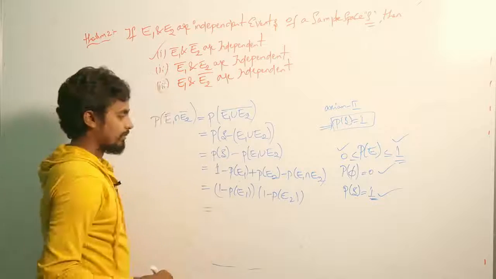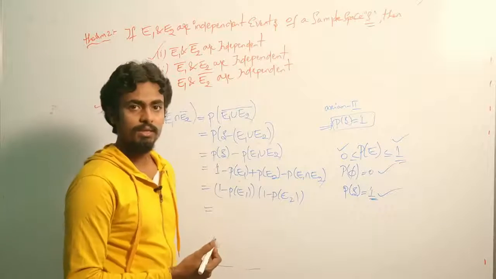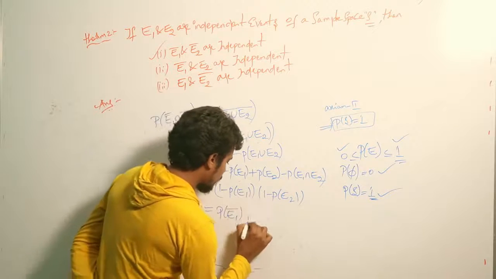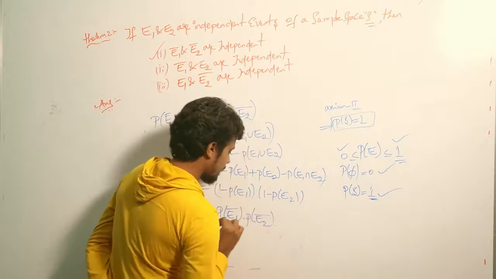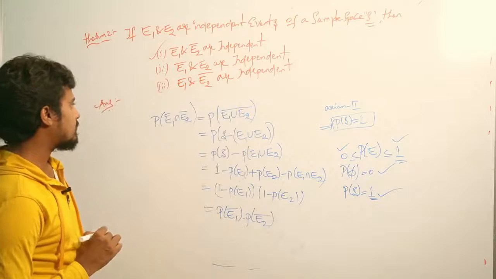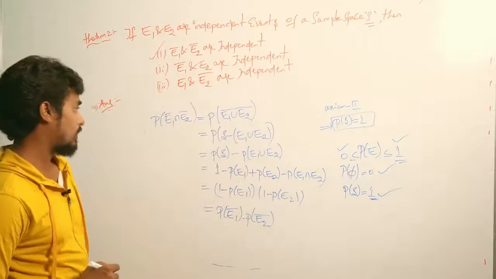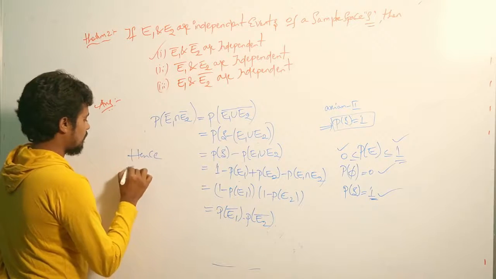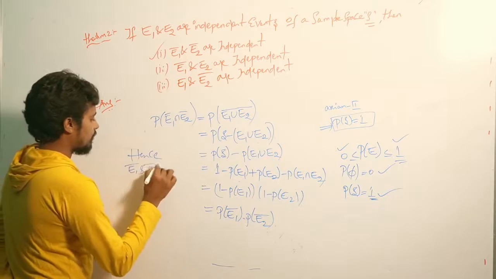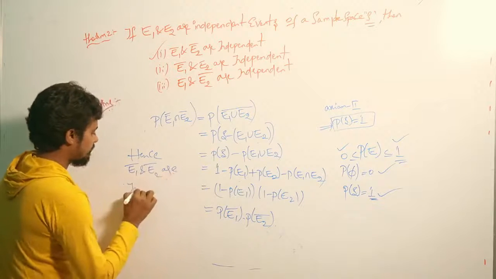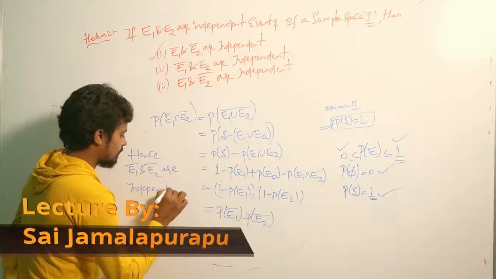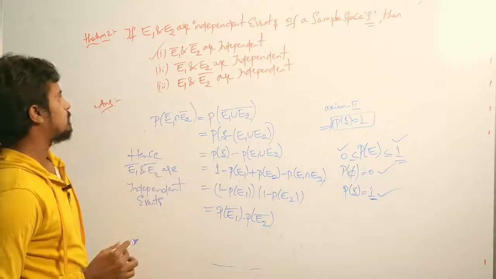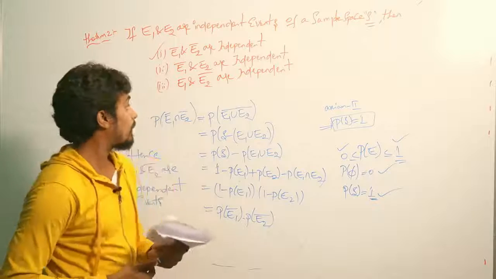If you want to represent this in terms of complement, this will become P of E1 bar into P of E2 bar. This will be the result. Hence, E1 bar and E2 bar are independent events. Okay, please write it down.